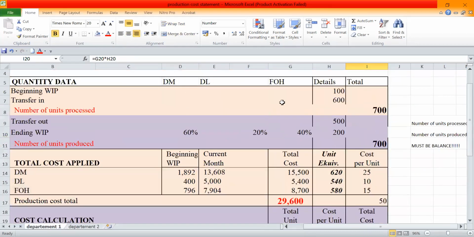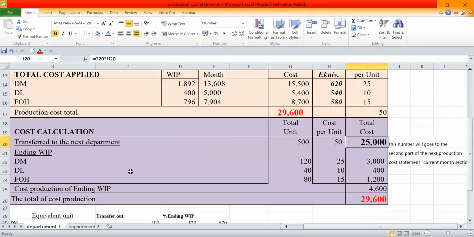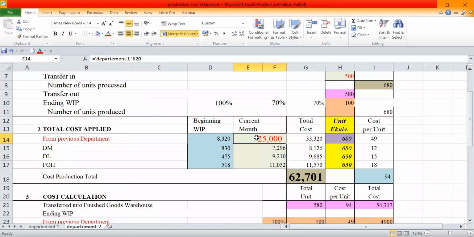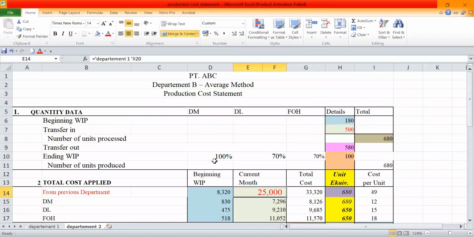So we have to finish all of it in the first department until we get mainly the information, the total cost that is transferred into the next department. This number will go to the current month section of the total cost applied, the second part of the second production cost statement, the second department.